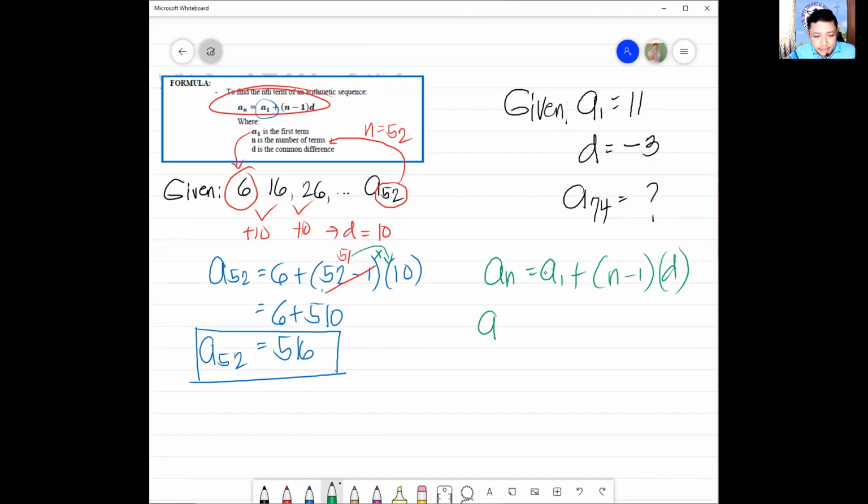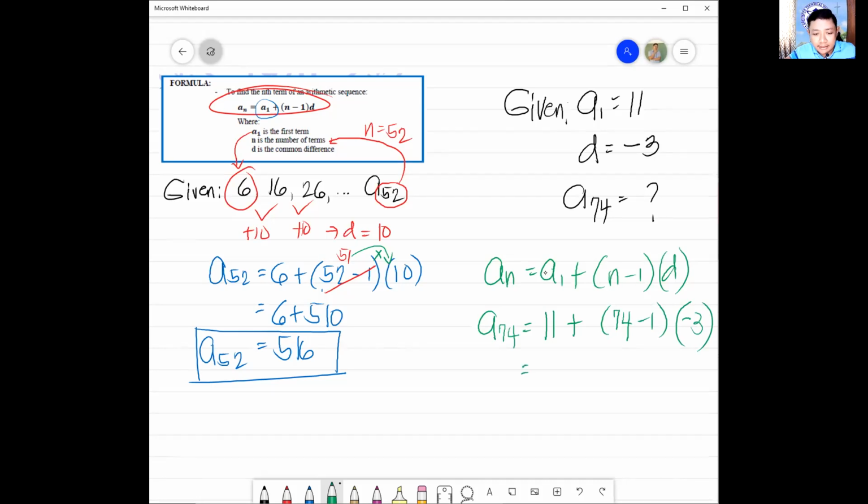So, A sub 74 is equal to, the first term is 11, plus n, of course, is 74, 74 minus 1 times d, the common difference. Again, don't forget to put the negative 3 in parentheses.